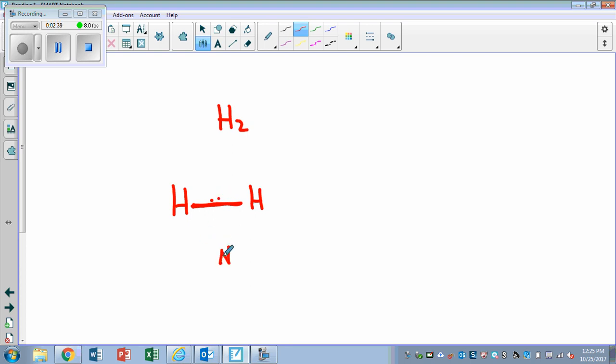How does the sharing happen? The valence shell of this hydrogen atom overlaps with the valence shell of the other hydrogen atom, so you share the two electrons that are present in between. This is how a single covalent bond is formed. This bond is called a single covalent bond, and a single covalent non-polar bond.